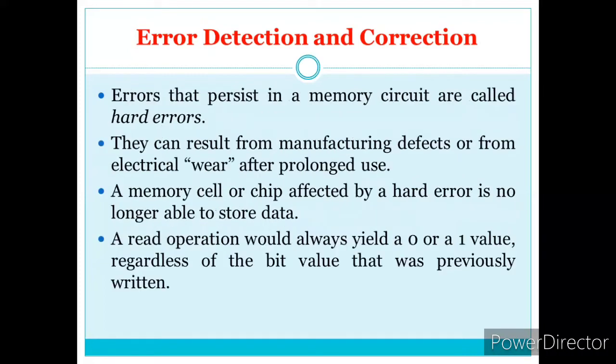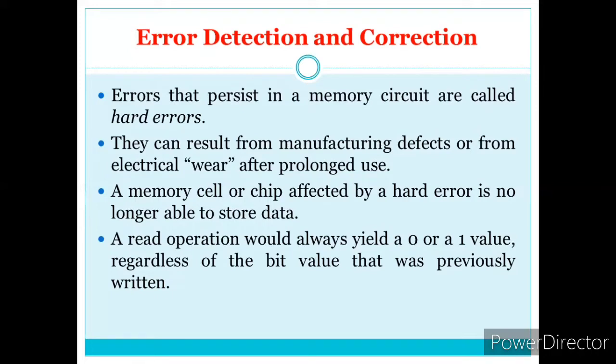Now, errors that persist in the memory circuits are called hard errors. They are caused by physical variation. They can result from manufacturing defects or electrical wear after prolonged use.